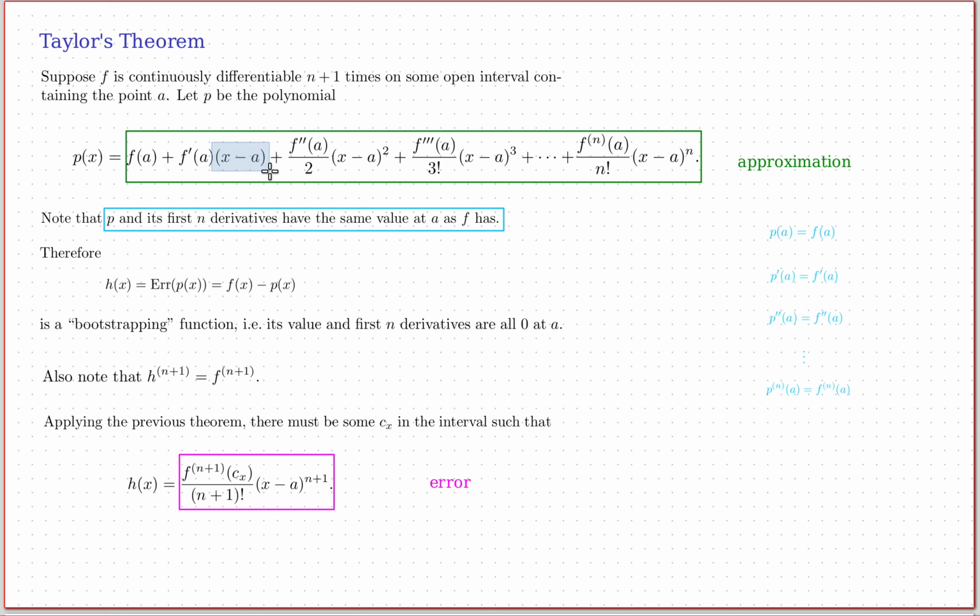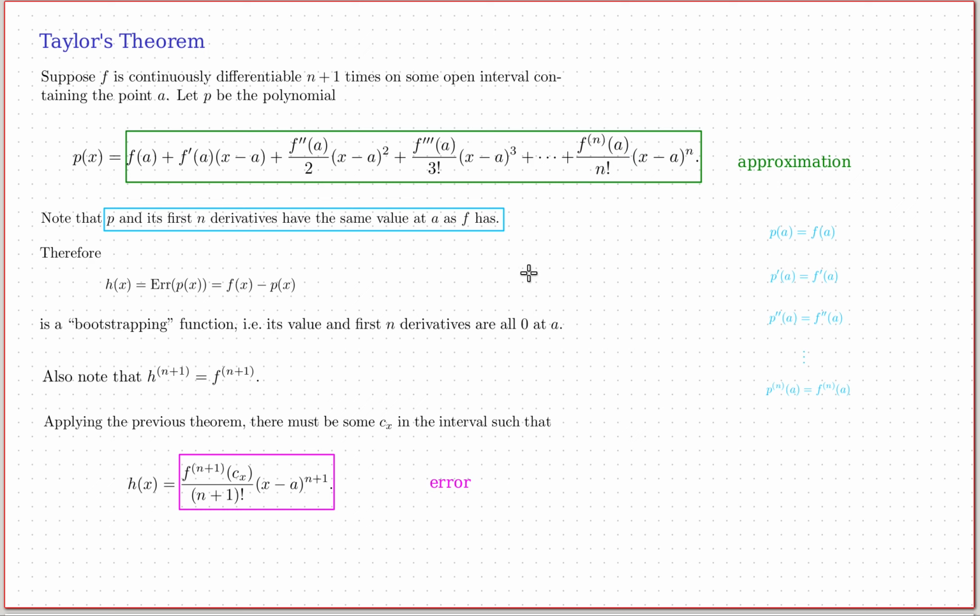The first power coefficient is just the first derivative of f at a. The second power coefficient is f double prime of a divided by 2. And the third power coefficient is f triple prime evaluated at a divided by 3 factorial, and so on. In general, the coefficient of the nth power of x minus a is the nth derivative of f evaluated at a divided by n factorial.